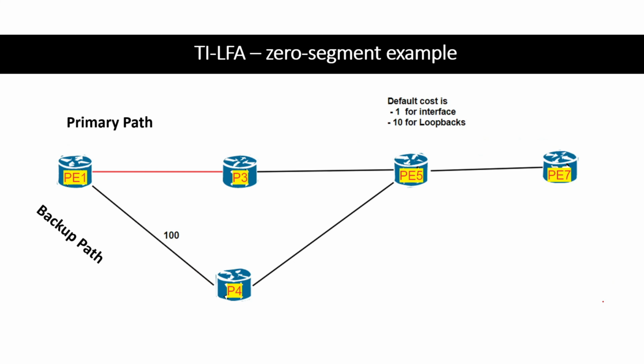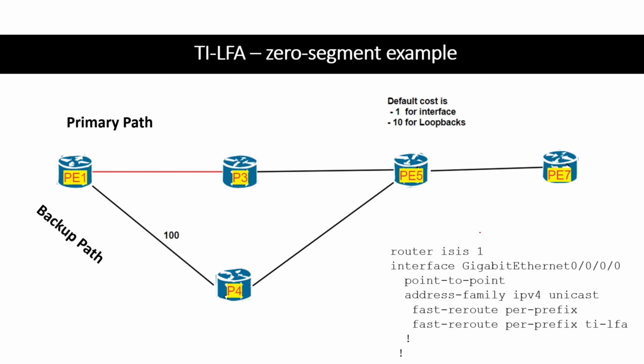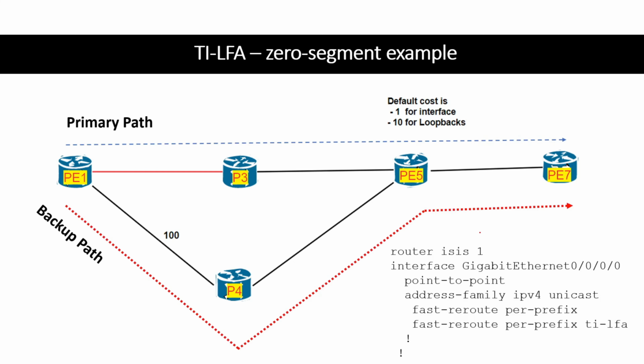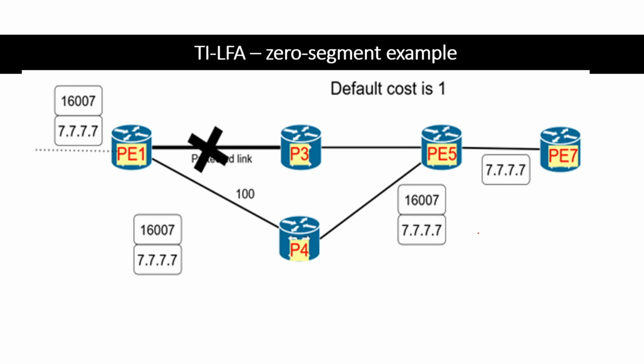So this is the backup path for the prefix, and in case that protected link goes down, then PE1 is just moving the traffic over the backup path without pushing an extra label.